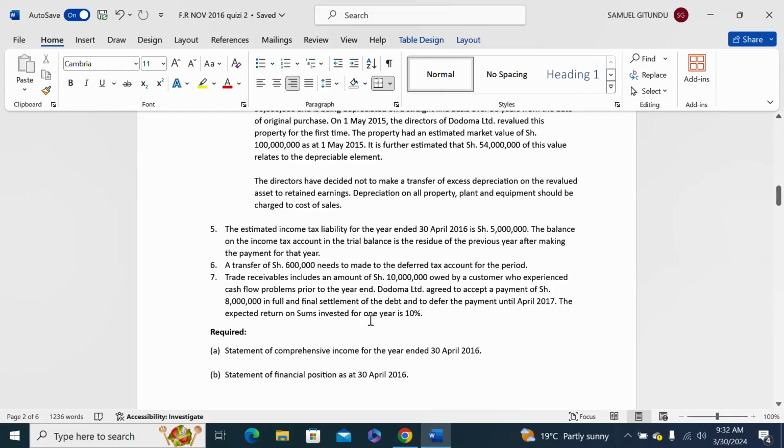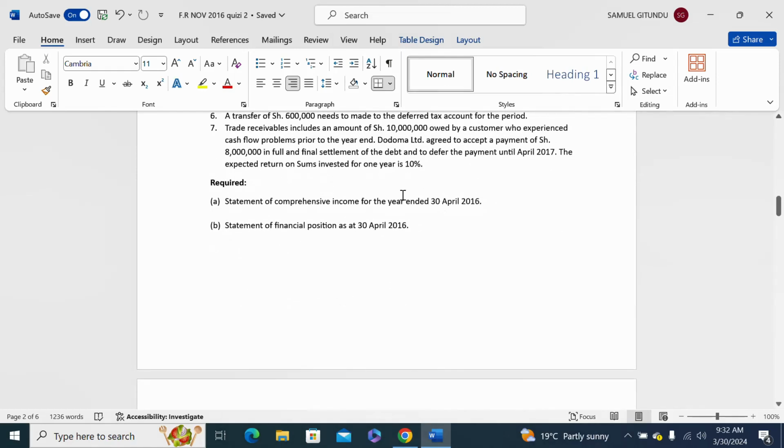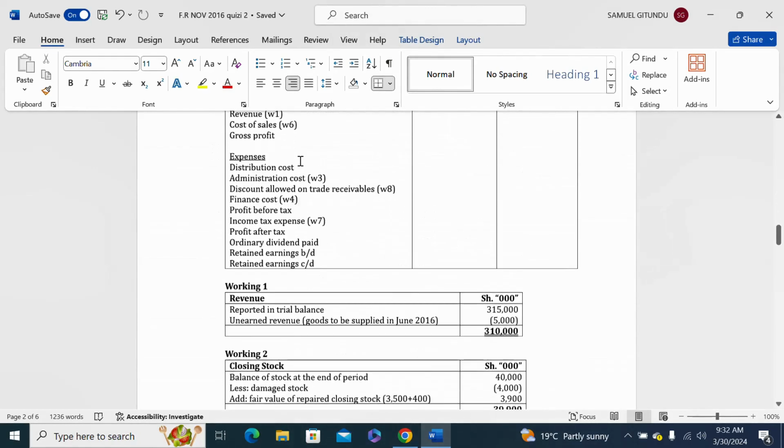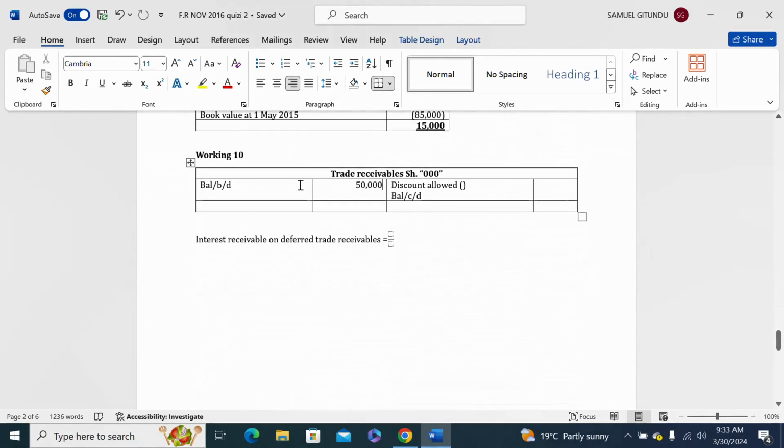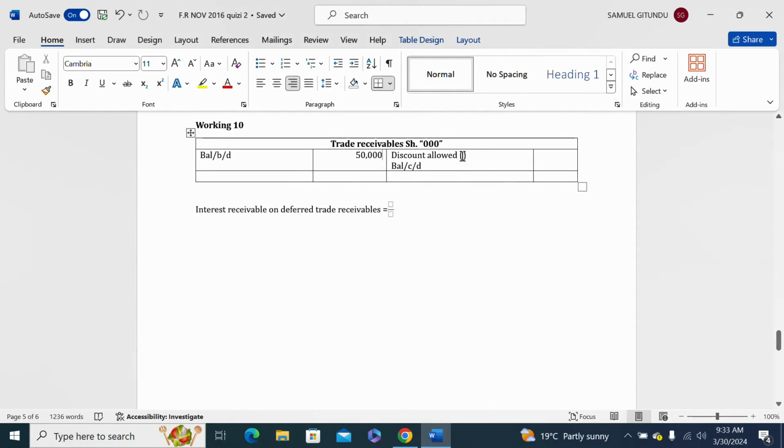The expected return on sum invested for 1 year is 10%. Therefore, there's a discount allowed of 2 million. In our trade receivable, the discount allowed we can calculate: 10 million, we deduct 8 million, we get the discount allowed of 2 million. Therefore, the balance carried down of the trade receivable is 48 million.